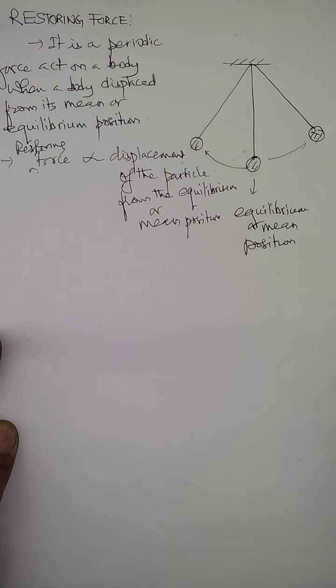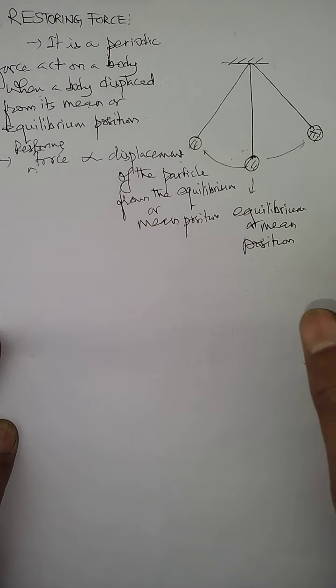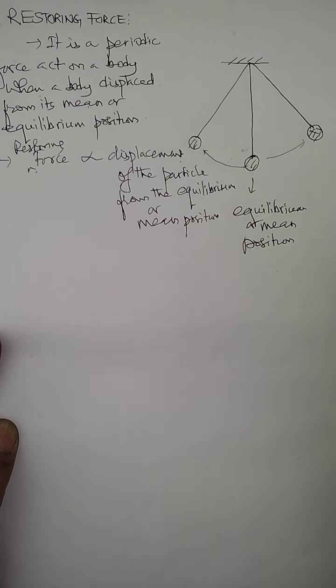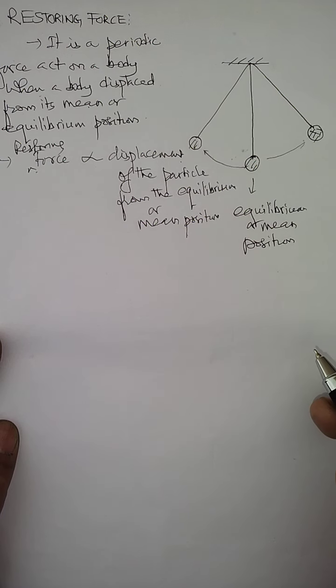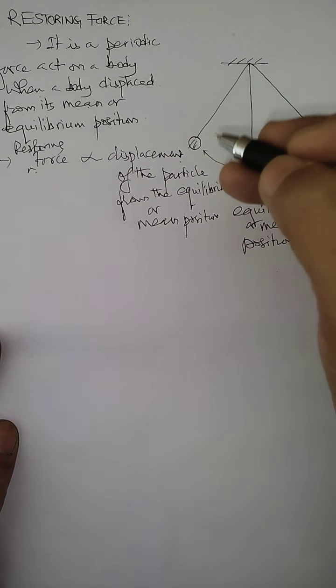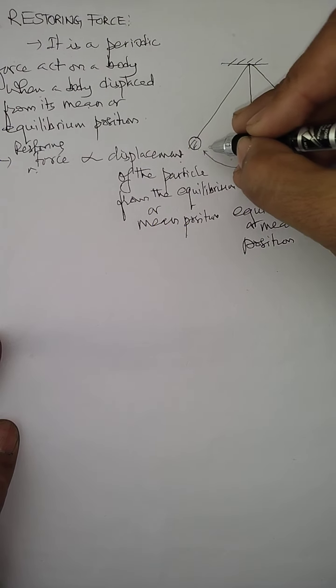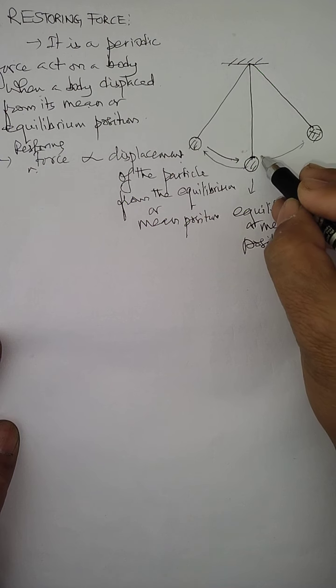Then the acceleration is also proportional to the displacement, and the particle vibrates in a simple harmonic manner. That means the motion acquired by the particle will be simple harmonic motion. Due to the restoring force, the particle which has a displacement from the equilibrium position is brought back to the equilibrium position, and it even goes to the other side.